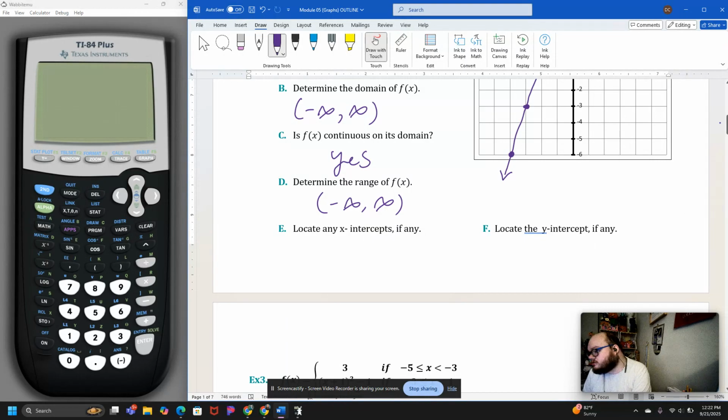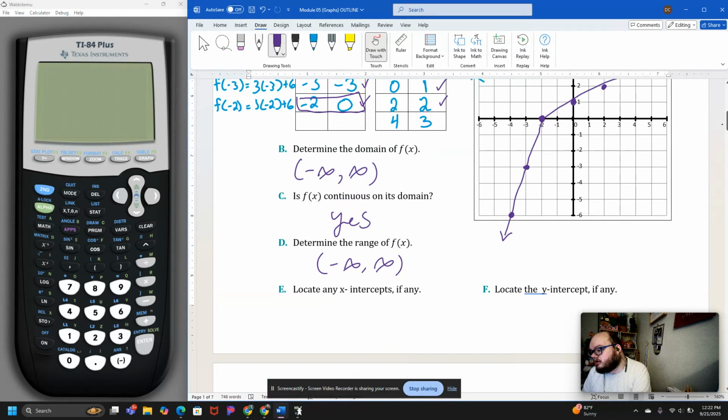Now we're going to try to locate that x-intercept, and it appears that negative 2 and 0 is where I cross that x-axis, and the y-intercept is at 0 and 1, right? 0 and 1. 0 on the x, but 1 on the y.